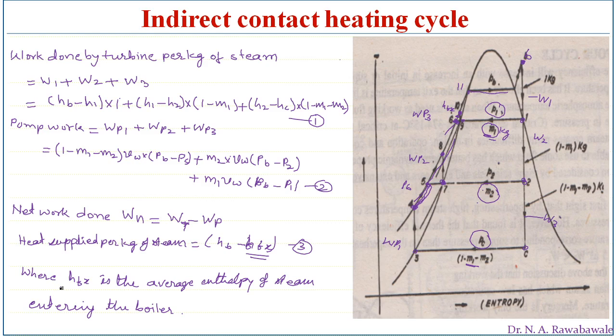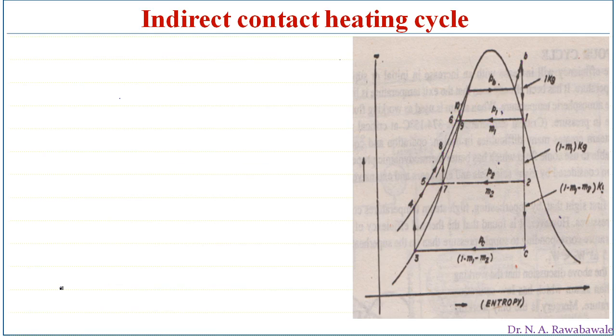Now, to find out efficiency, we know the net work done and heat supplied. Therefore, the efficiency of the indirect contact heating cycle is given by the efficiency of the regenerative cycle.